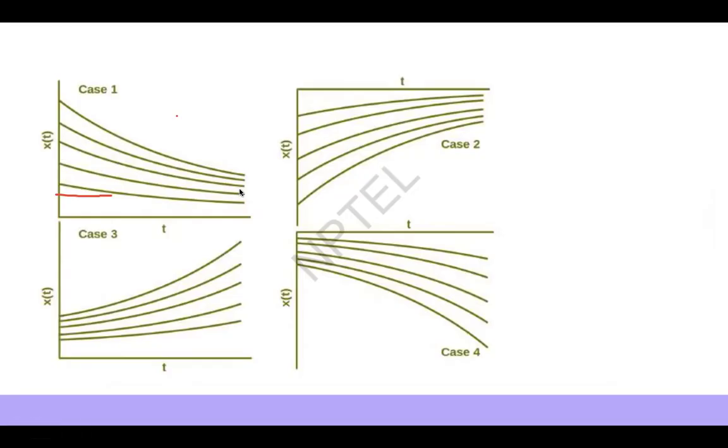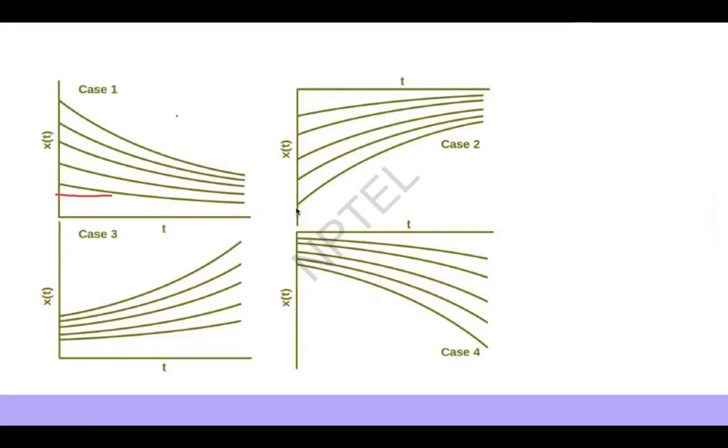What will happen if the initial temperature is less than T infinity? Less than T infinity means the reservoir temperature is higher than the body, so the temperature of the body will slowly start rising. It will rise exponentially, but it will tend toward the asymptotic temperature.